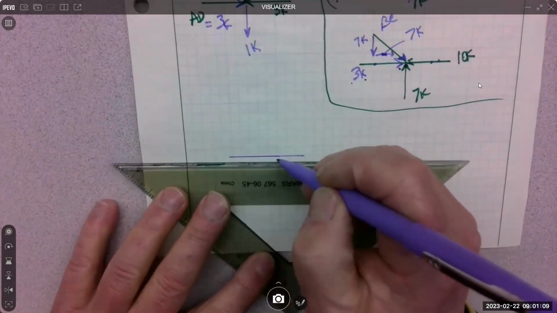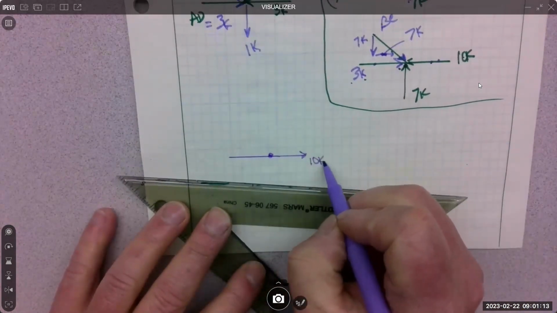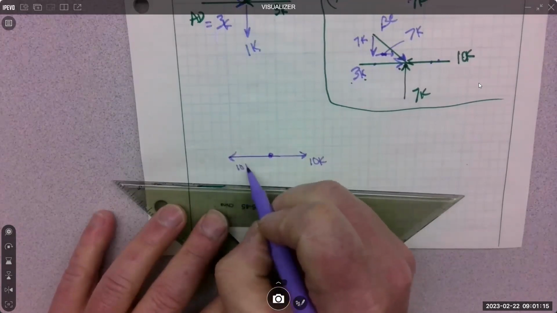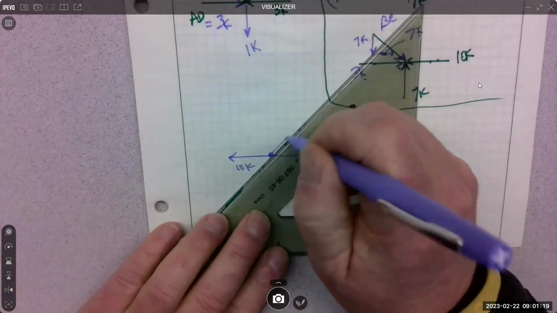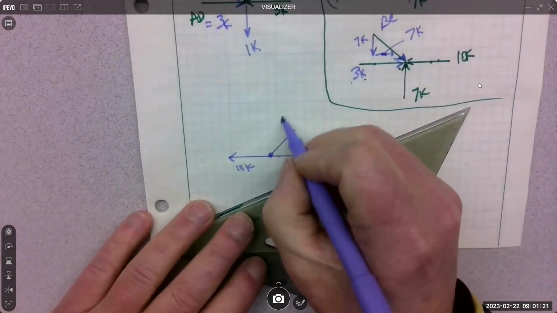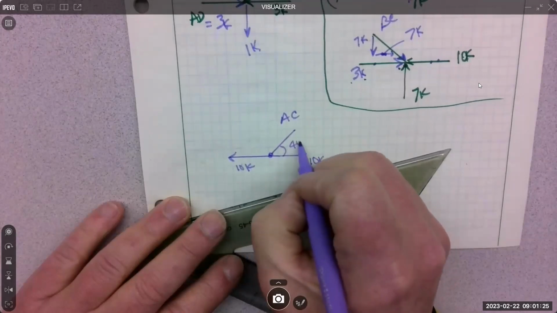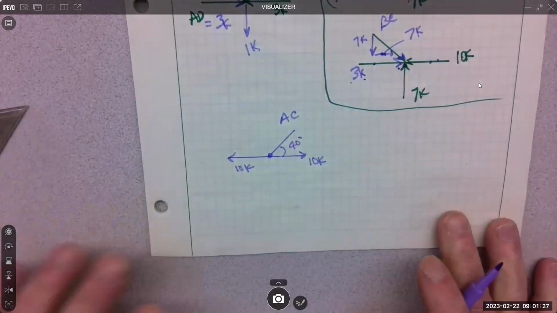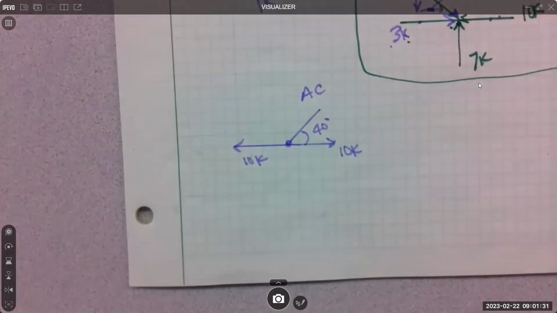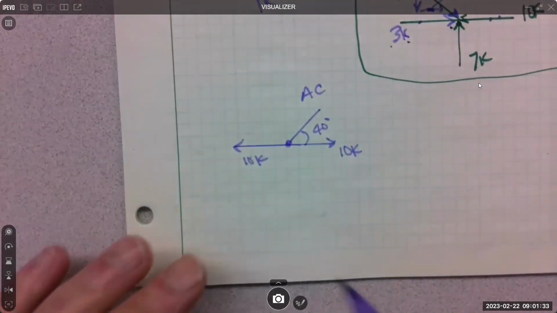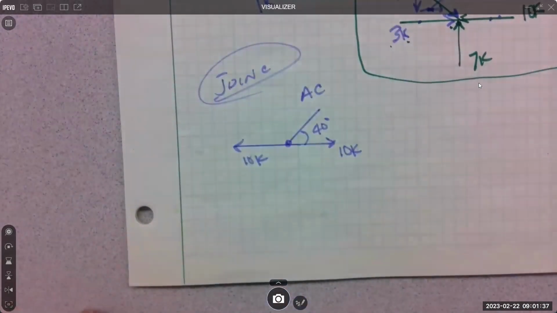Here's another connection. Just making these up at this point. So this is joint C from some truss, right?